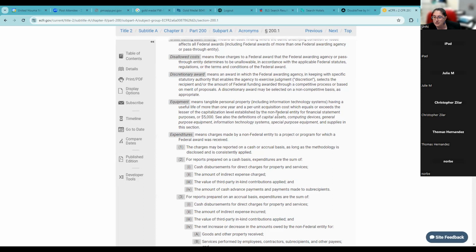And so that's the issue to me, Christopher, is the per unit acquisition. So with a computer system, it's not just the monitor, it's the monitor, the actual CPU, printer, your keyboard, and all of that together that would be considered equipment if it was above and beyond $5,000.